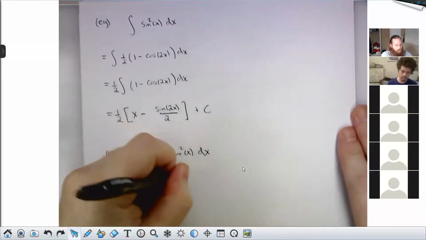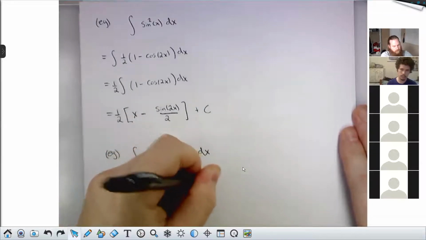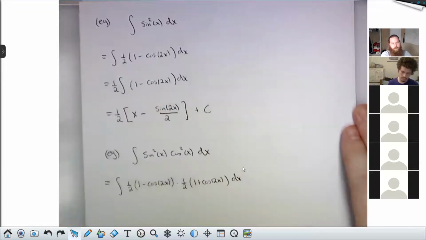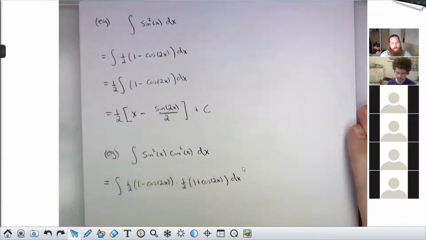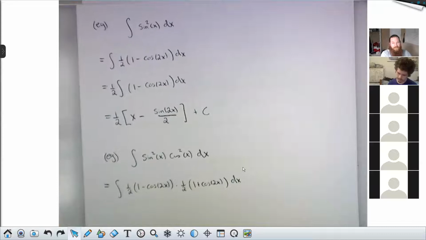And cos squared, I'll replace by its half angle equivalent, which is 1/2 times 1 plus cosine of 2x. In general, this is how you handle even powers. If both of the powers are even, if there is no odd power, you just replace everybody by their half angle equivalents and you bash the thing with the algebra hammer until it looks nice. These tend to be the least fun.